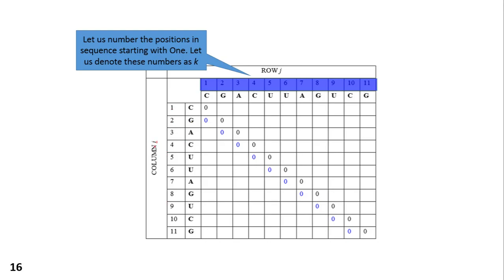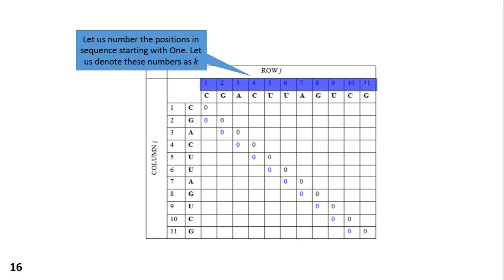One more thing that we need to do is let us number the positions in the sequences starting from 1. So the first residue in your RNA sequence would be termed as 1. The second residue would be termed as 2, till n. Okay, so we would say that your RNA has got k number of residues.